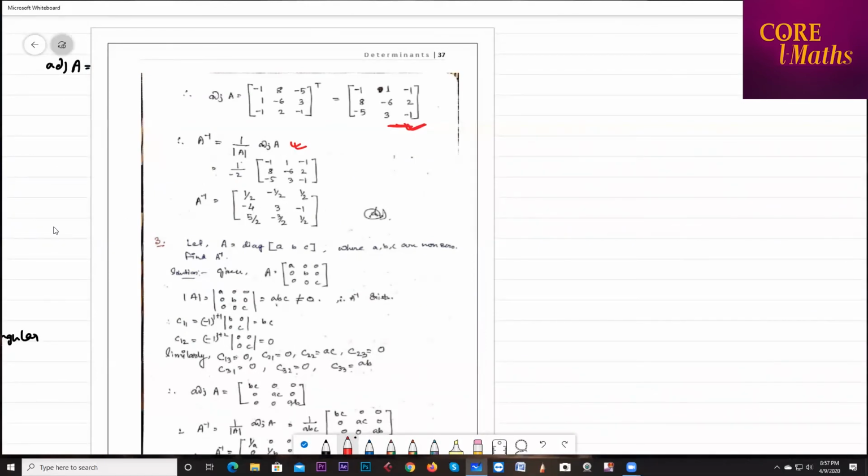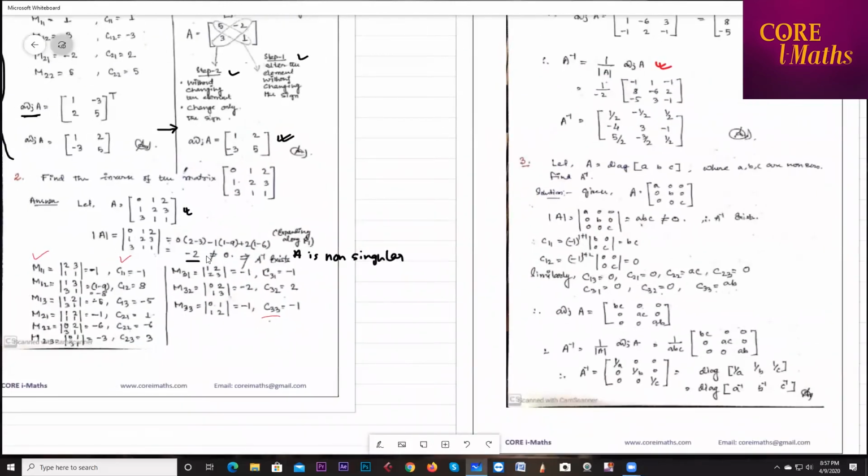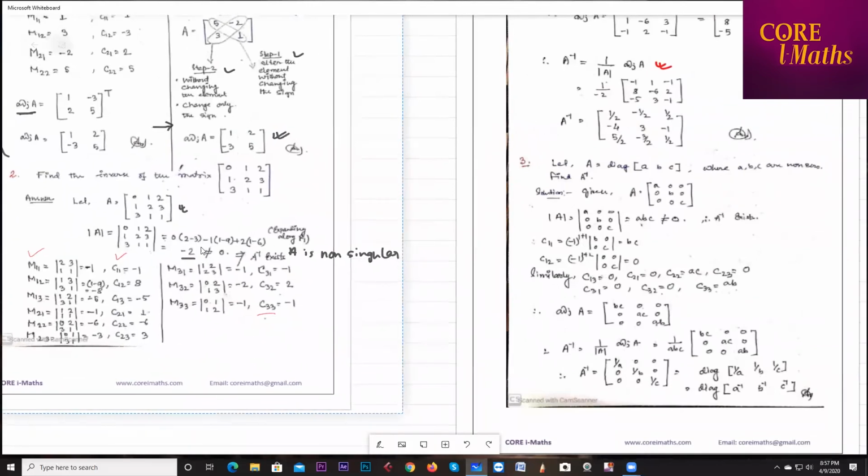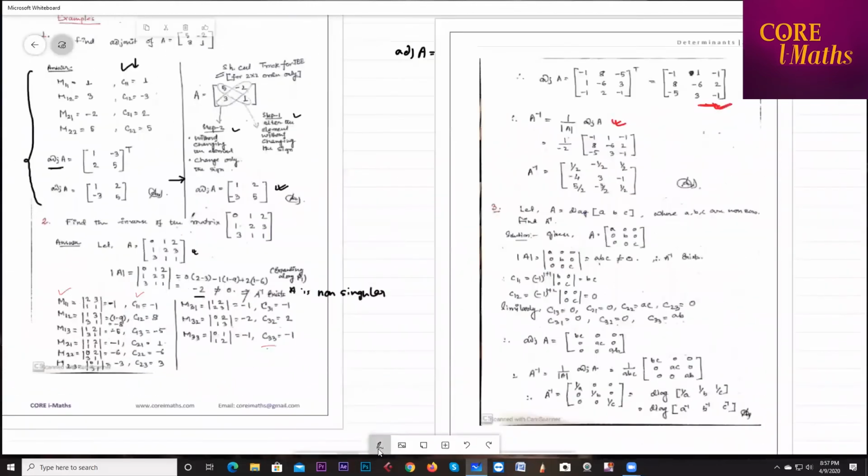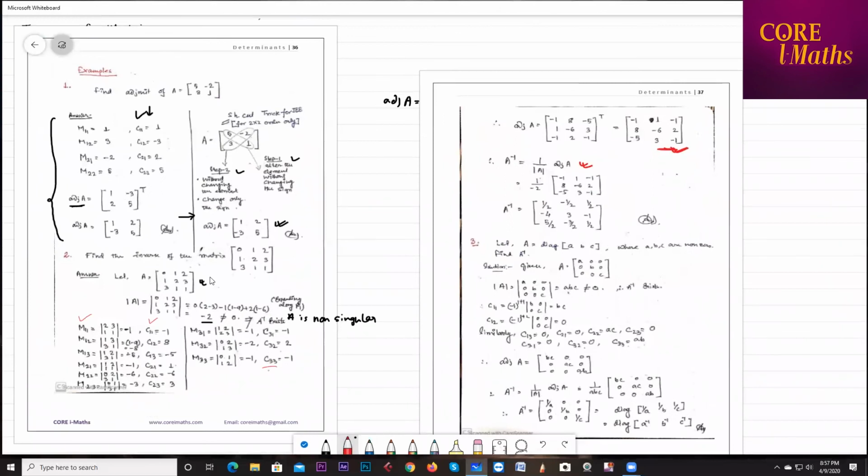We know that the determinant value previously was -2. So just write the determinant value here, 1 by -2, into its adjoint.